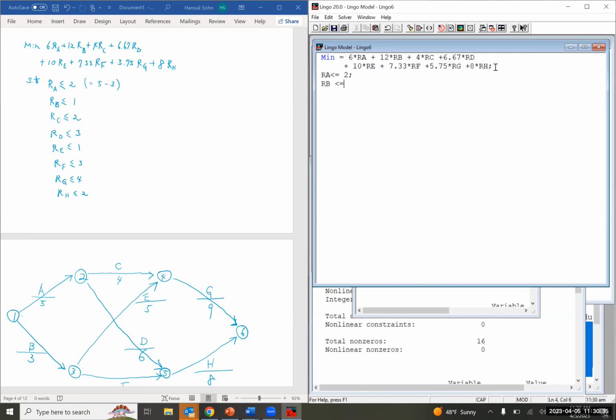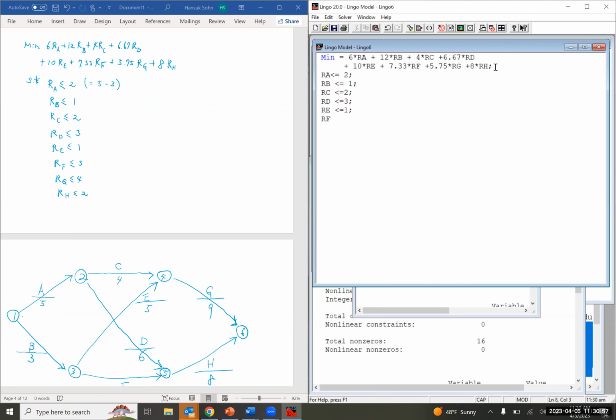RB less than or equal to 1. RC less than or equal to 2. RD less than or equal to 3. RE less than or equal to 1.